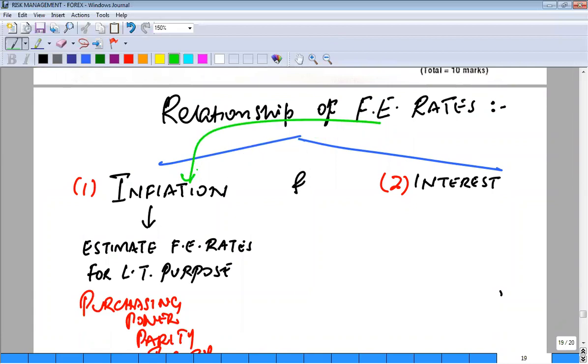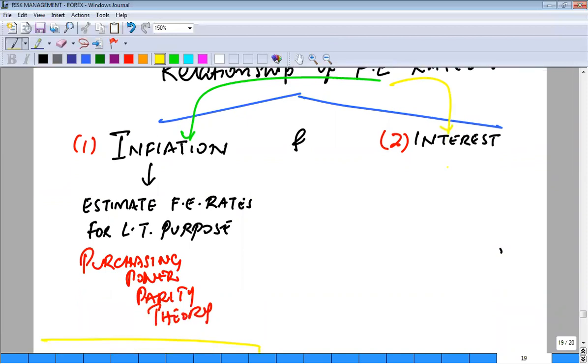Now, the foreign exchange rates with interest. This is a separate concept.